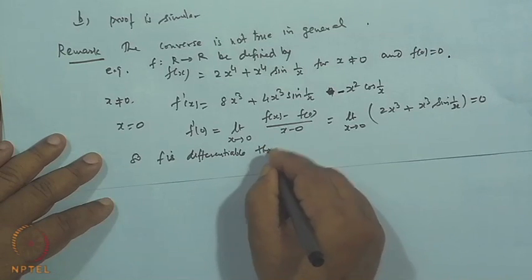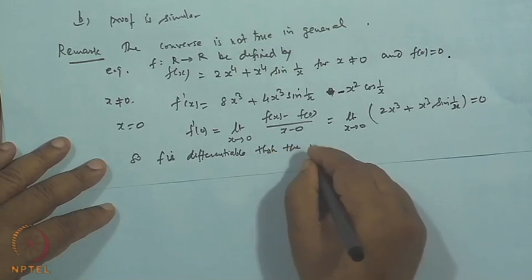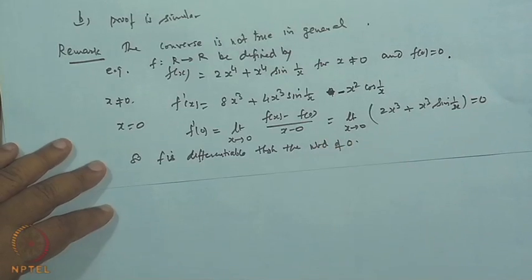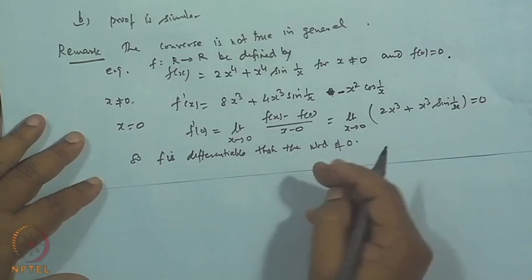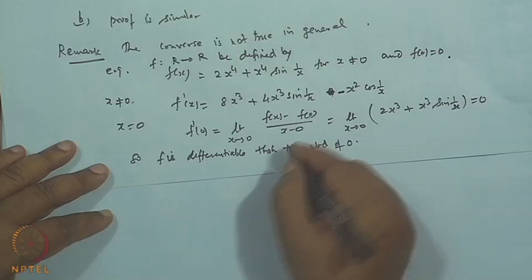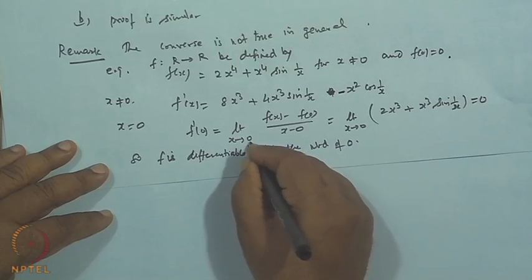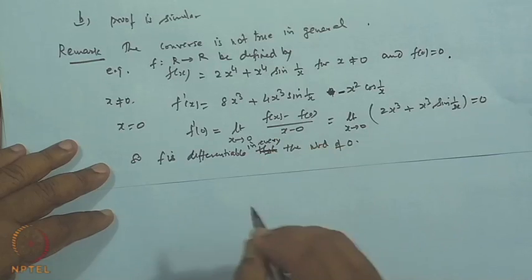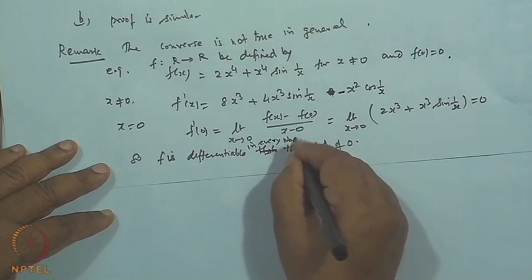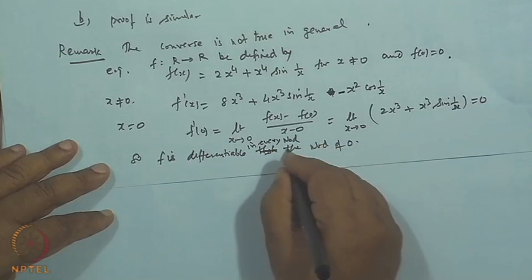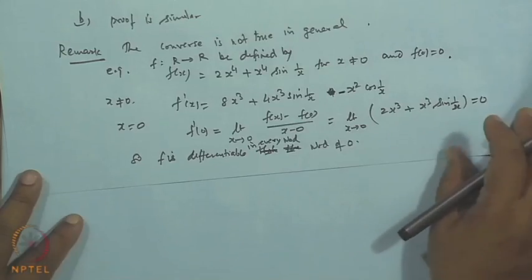f is differentiable throughout some neighborhood of 0, in every neighborhood of 0.